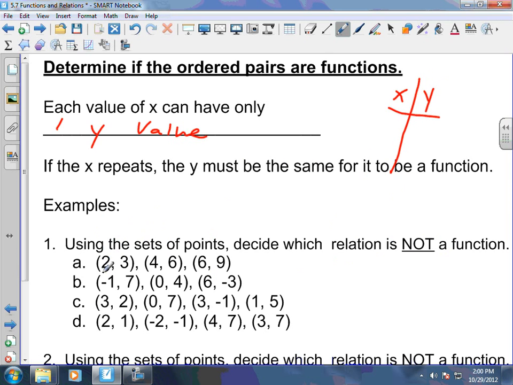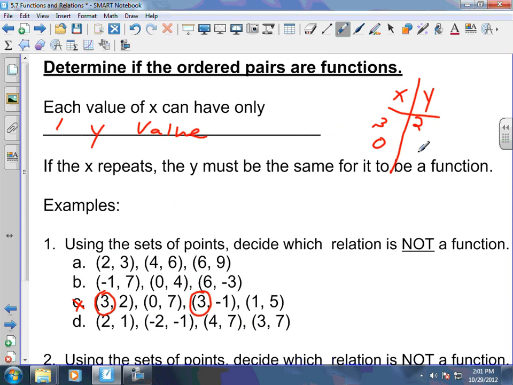Which one? C has 3 and has 3. So that is not a function. All these other ones, 2, 4, 6, different x. -1, 0, 6, different x. 2, -2, 4, 3. My x's are always different. It's good. For C, this tells me when x equals 3, y equals 2.